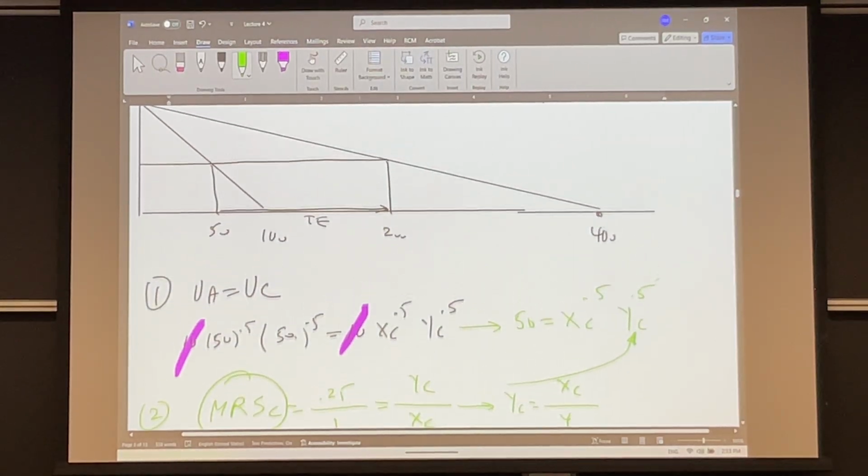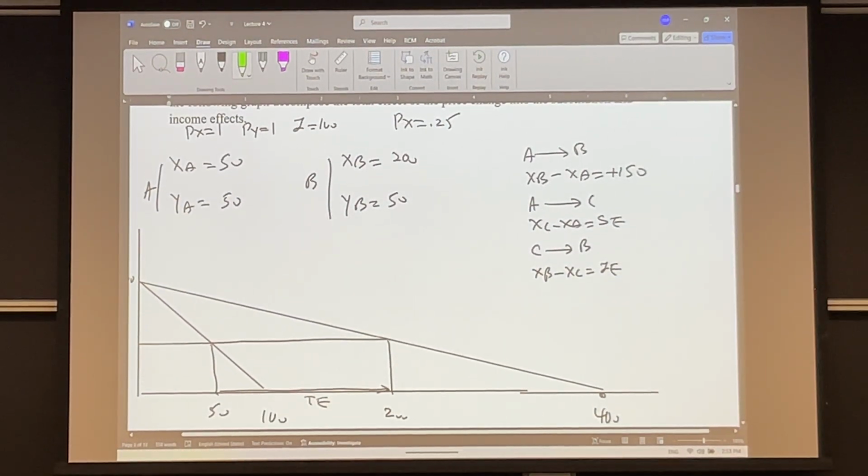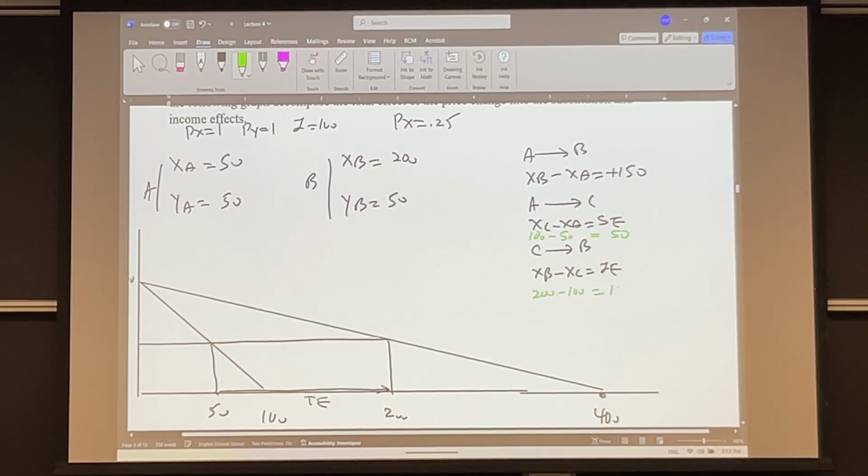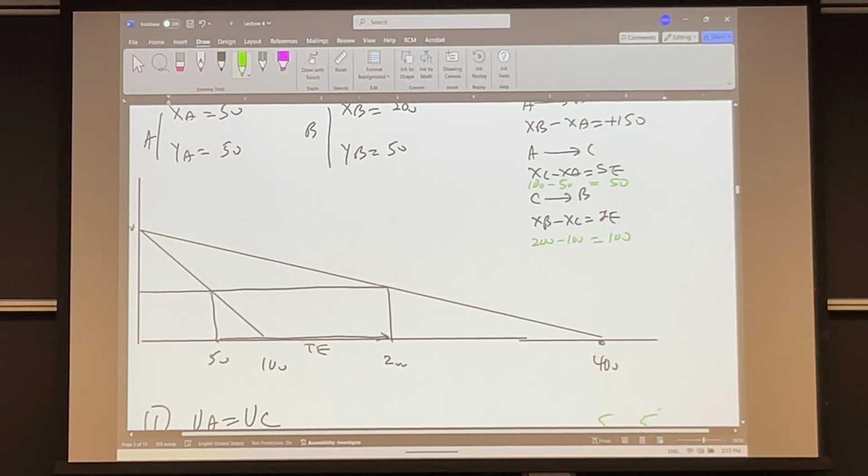Now I can say A to C, this is 100 or 150? 100. 100 minus 50, that is 50, that's the substitution effect. Then 200 minus 100, that is our income effect. Right? In this case, the income effect was twice the substitution effect. See, the reason I graphed it later is because I did not know where C is. Now we ended up exactly there.